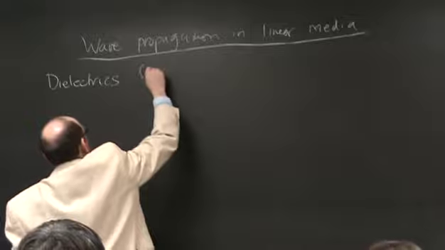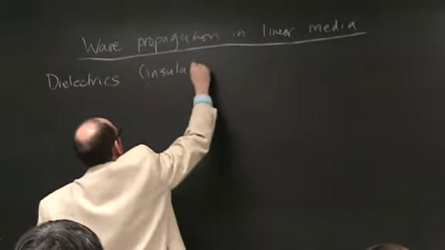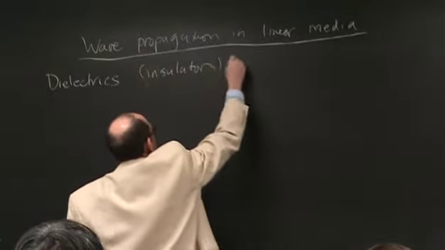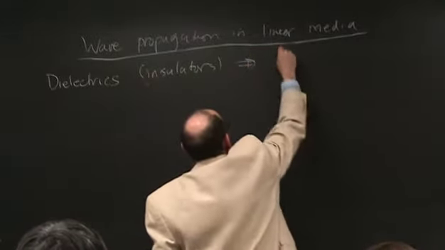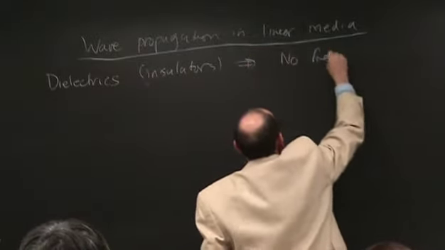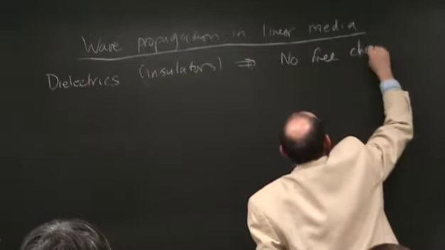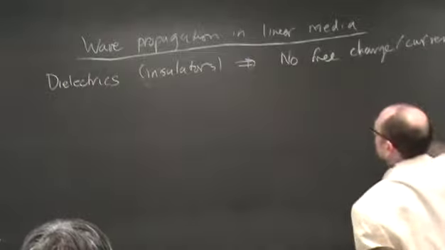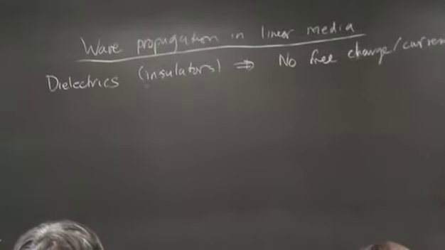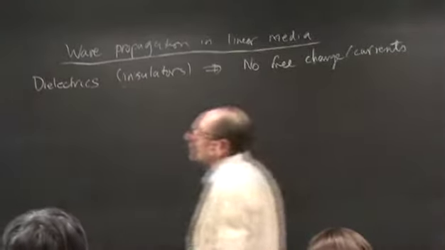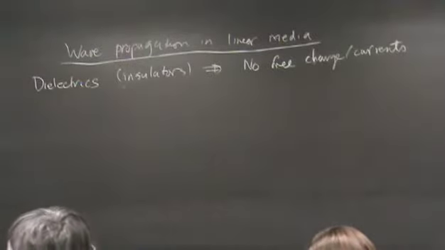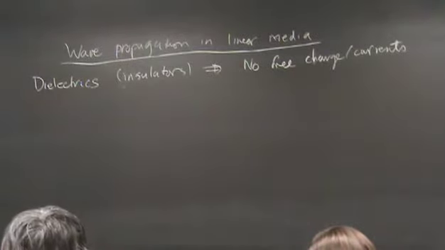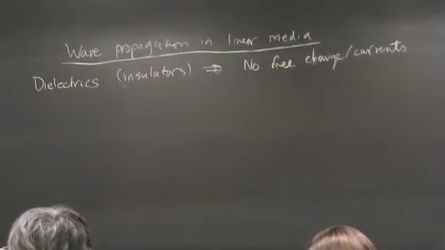Right now we'll talk about perfect dielectrics, which means that there are no free charges or currents. Everything is bound up. Okay? So in this case, going back over here, we can set the free charge and the free current to 0.